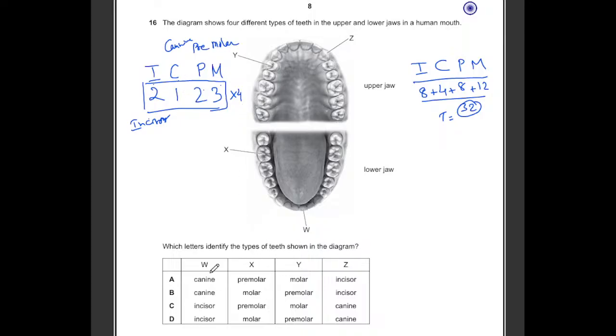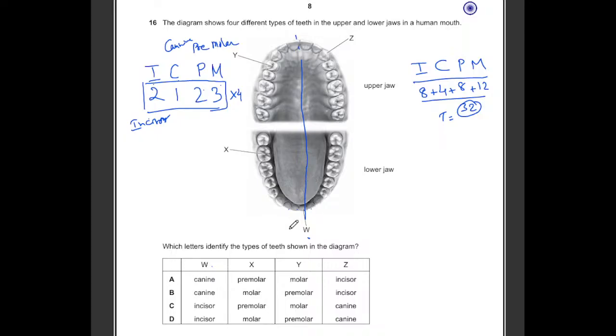Identify the diagram. W is a canine. Where is W? Okay, here at this one. On the upper side, if we divide the jaw into half, this should have 2 plus 2, 4. So incisor should be 4.